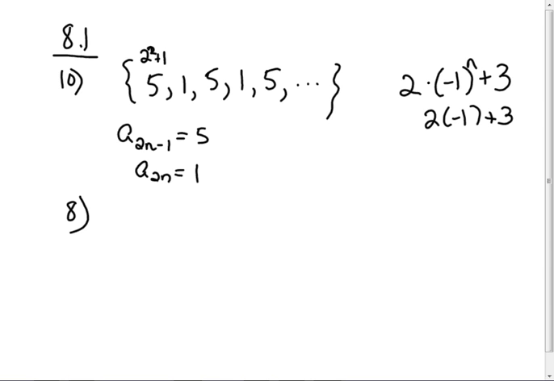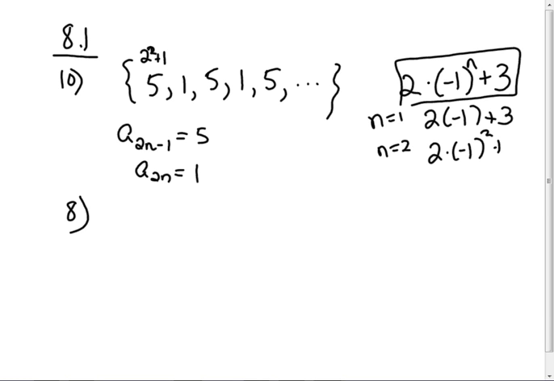And then n equals 2 is 2 times negative 1 to the second power plus 3, which gives you 5. And n equals 3 is 2 times negative 1 to the third plus 3. He doesn't have it starting in the right place, but we can fix that. Yes, it'd be n minus 1 or n plus 1. Very good.